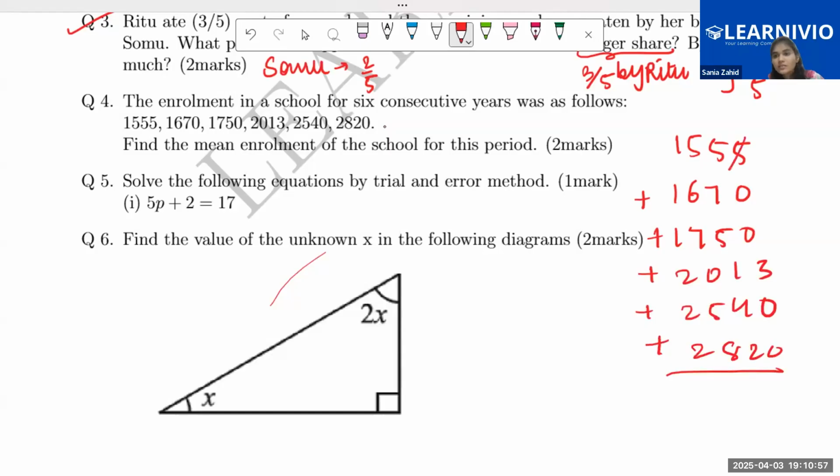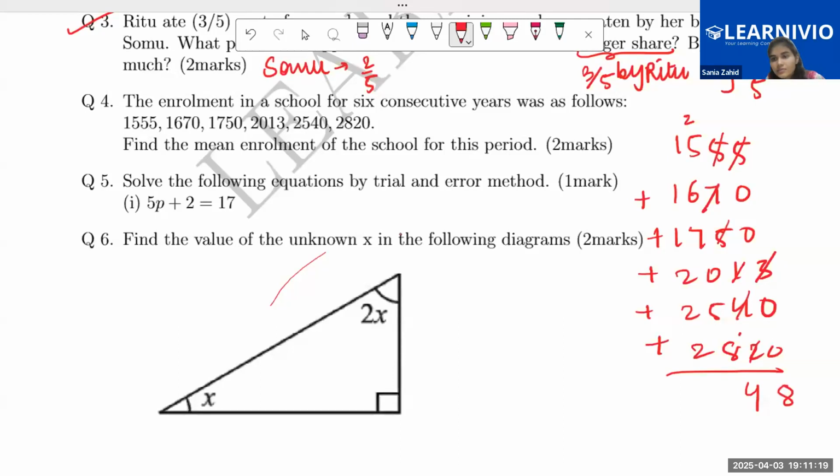So first you add. Ma'am, 1, 2, 3, 4, 8. Like the total sum. Okay. Let's check.